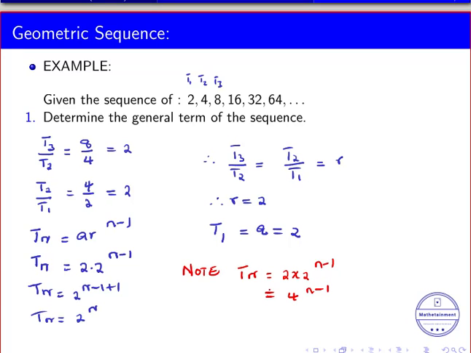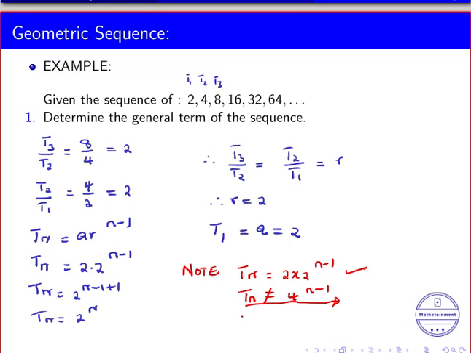This is totally unacceptable. So when it's like this, you leave it like this. But just because you see that bases are the same, that's where you can perform your laws of exponent.